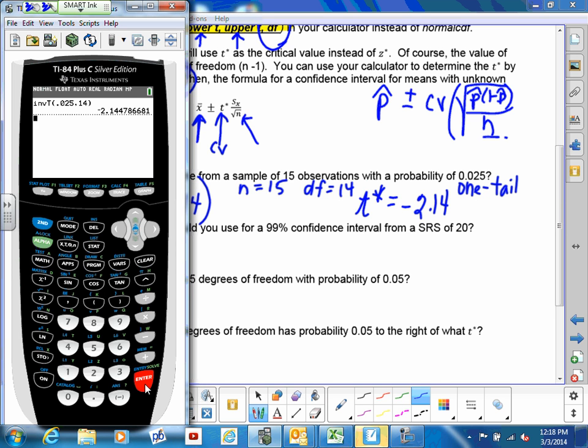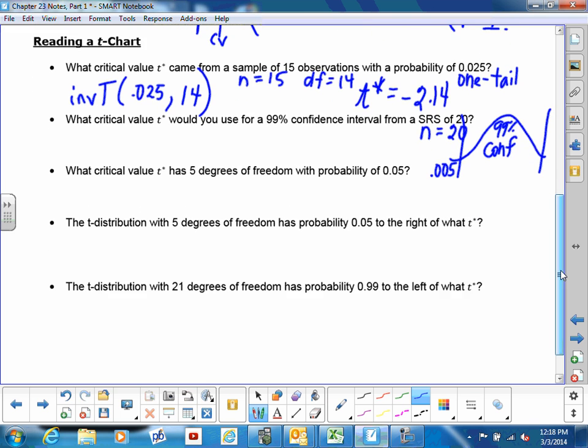All right, let's do the next one. This next one says we have a simple random sample of 20, and we have 99% confidence. If I have a 99% confidence interval, what's in a tail? 0.005. Half of 1% is in a tail.